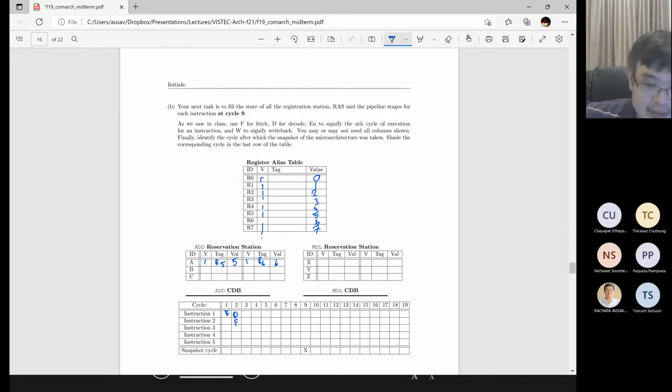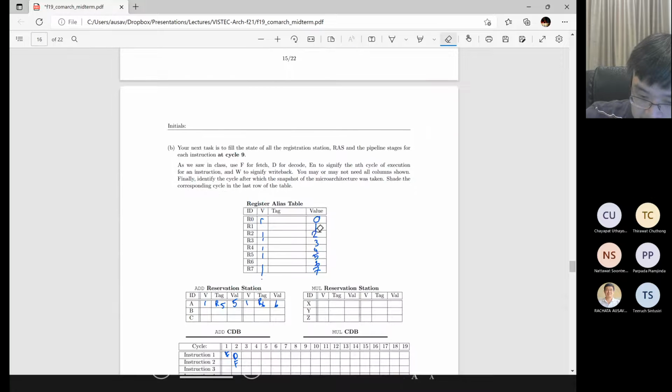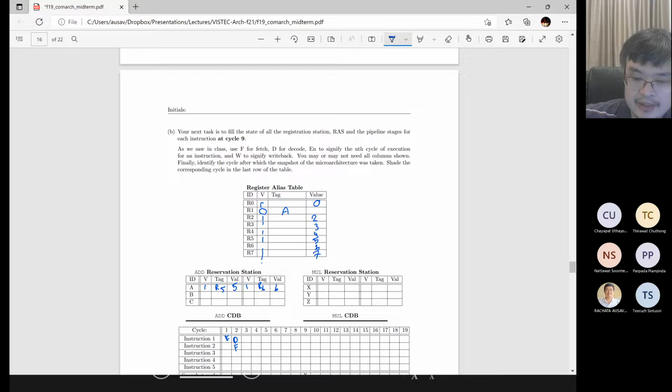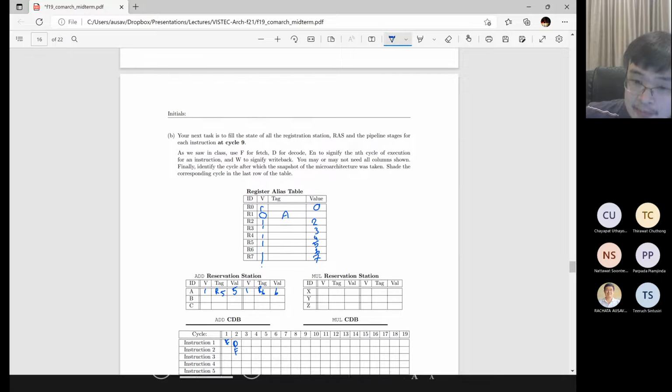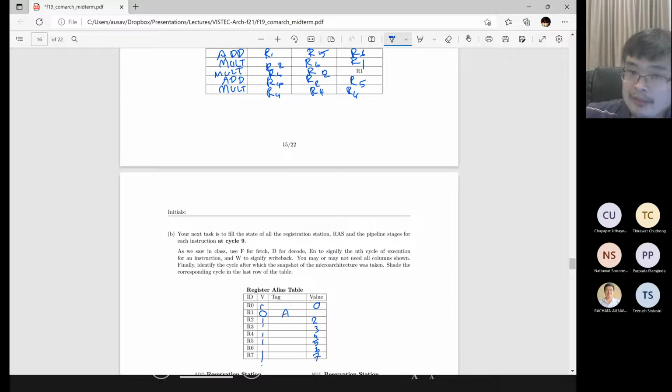Sorry, one more thing. The first instruction modifies R1, so this becomes invalid. Not valid, the tag is A. If you want R1, you go to A. The second instruction, let me go back again. Sorry about going back and forth. R6 multiply with R1.